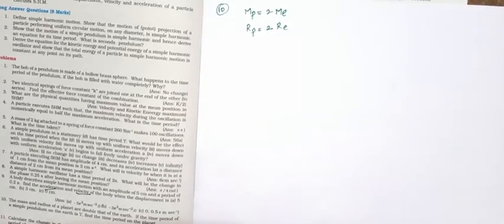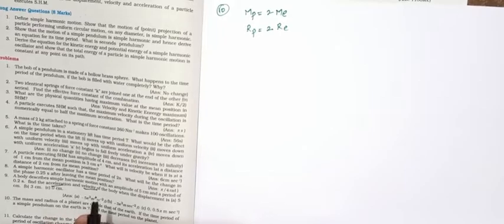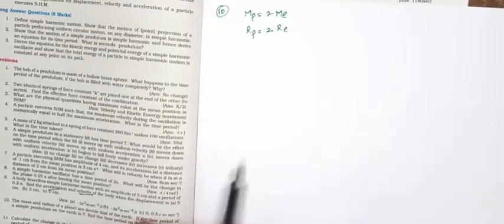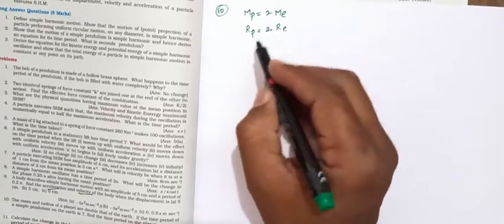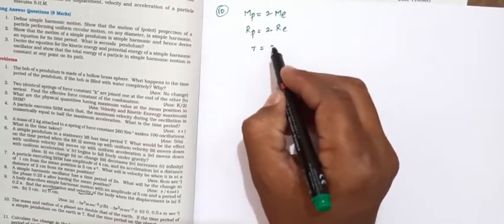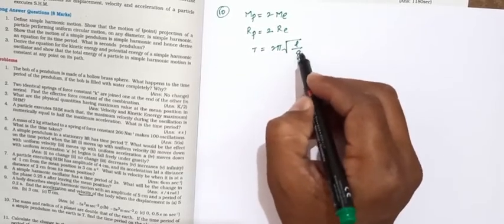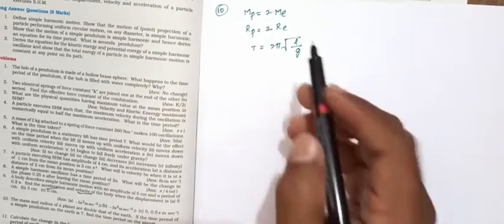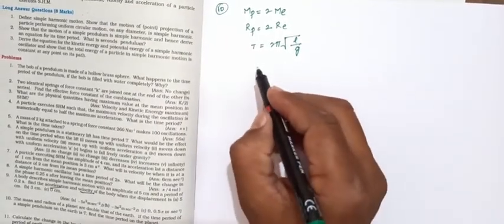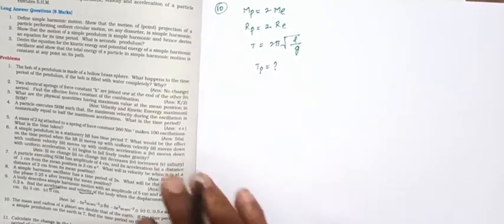Okay, if the time period of a simple pendulum on the earth is T, then on the earth the time period T equals 2 pi square root of L by g. Then find the time period on the planet.